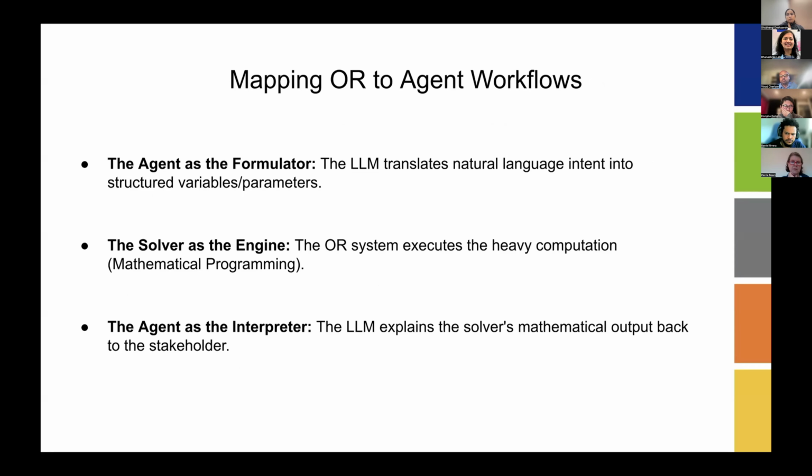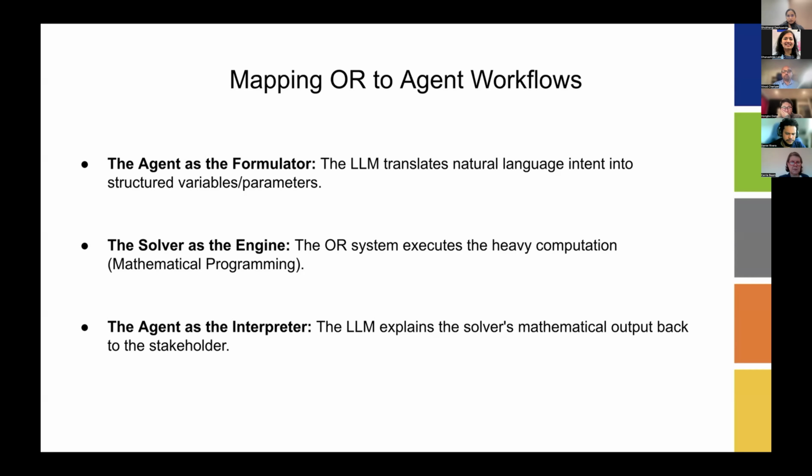And how do we map OR to agent workflows? You can look at it as an altogether framework where the AI agent works as a translator between the user and the backbone.